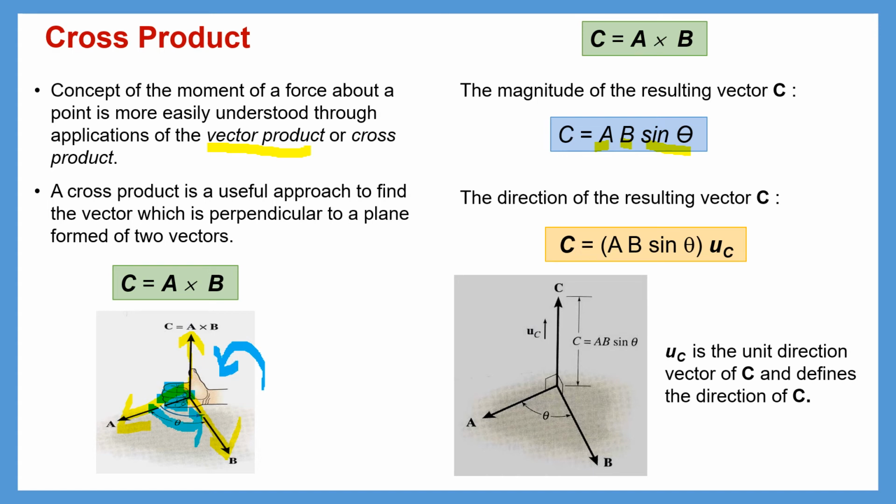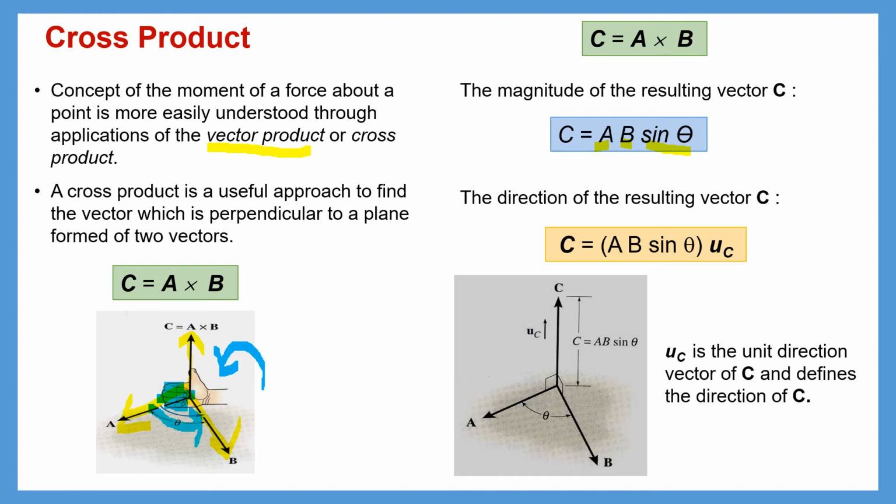So cross product of A and B will generate vector C in positive Z direction.